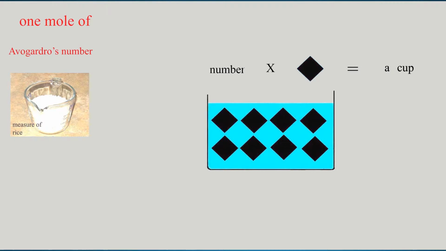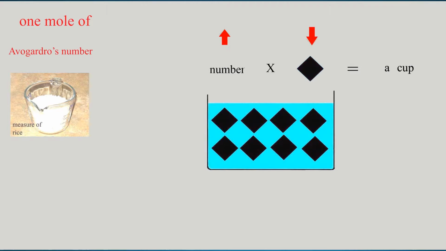You see, in this container, this cup, there are 2 relationships, the number and the particle relationship. So you can say that is 8 diamonds, 8 times diamond. And if you look at this number and the particle relationship, they have one very funny relationship.